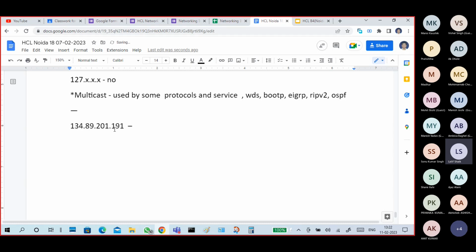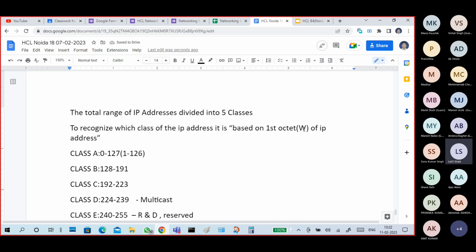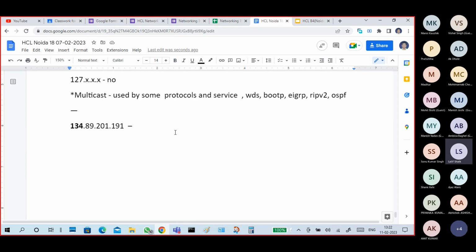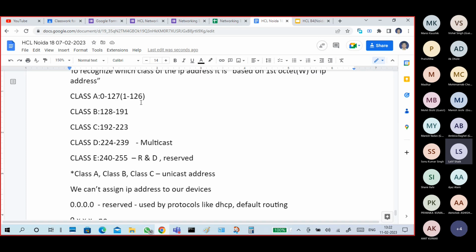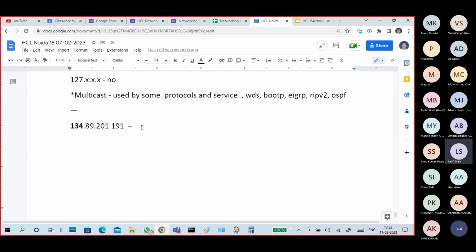What is the first octet here? This is the first octet, the W portion. So 134. Check the list. Where is 134? Right, class B. This belongs to class B.